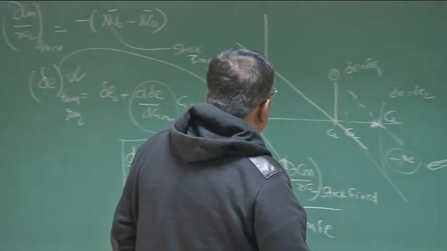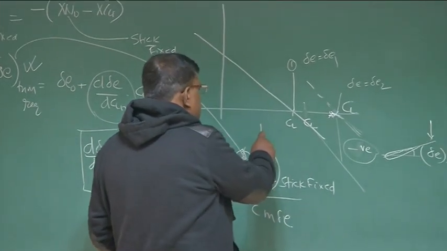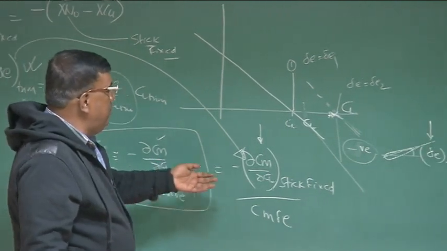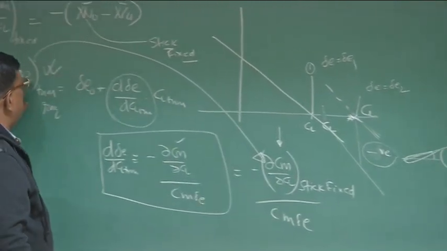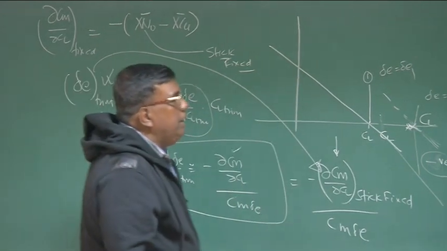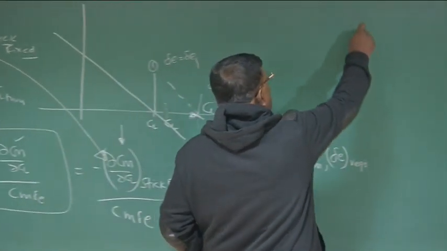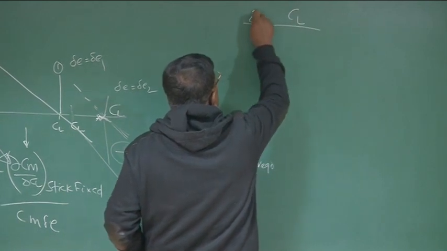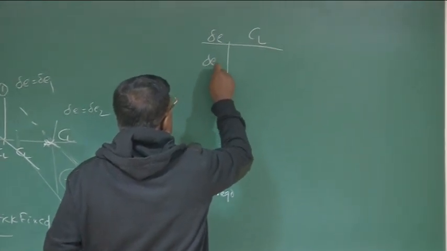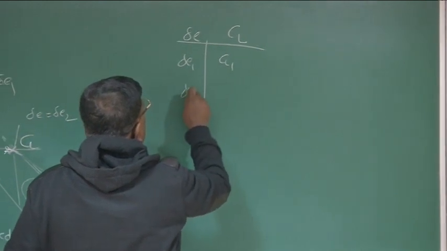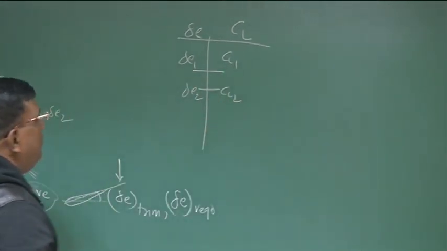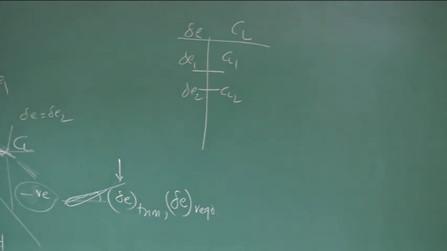Because if we are talking about stick fixed like this, it is very important to decide how much delta E is required and how the pilot will develop the feel. He will say, okay, for a given Cl, this is the delta E required, this is Cl1, delta E2 for Cl2. So he will be seeing how much delta E is required for a particular Cl or particular speed. From there he develops a feel.